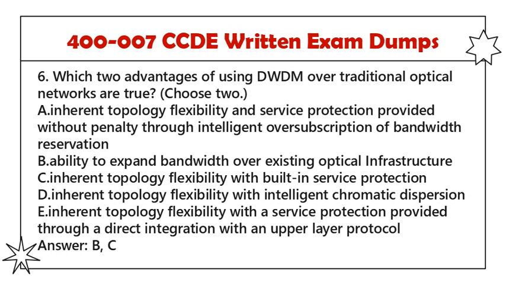C. Inherent topology flexibility with built-in service protection. D. Inherent topology flexibility with intelligent chromatic dispersion. E. Inherent topology flexibility with a service protection provided through a direct integration with an upper layer protocol. Answer: B, C.